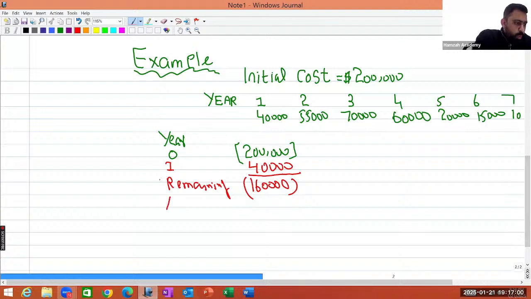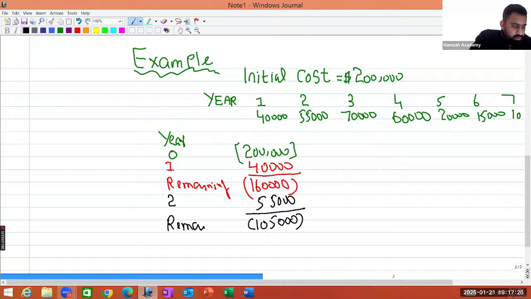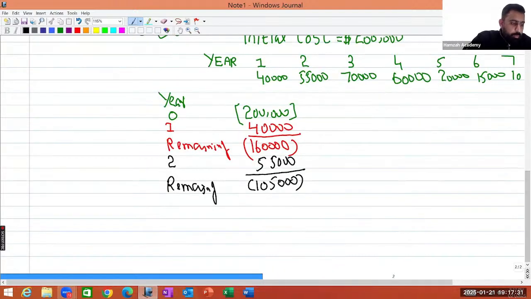Then in year 2, we expect 55,000. So remaining investment to be recovered will be 105,000.